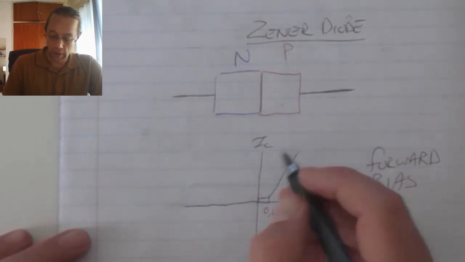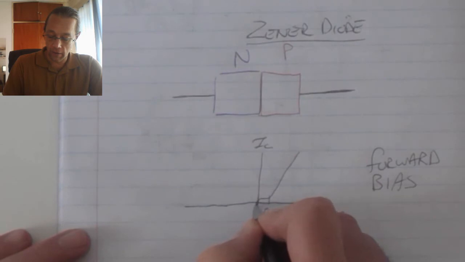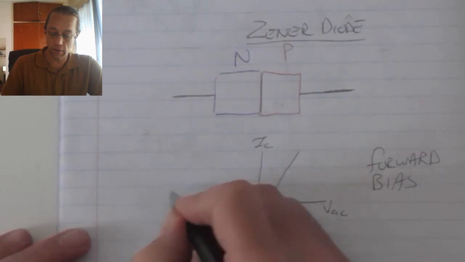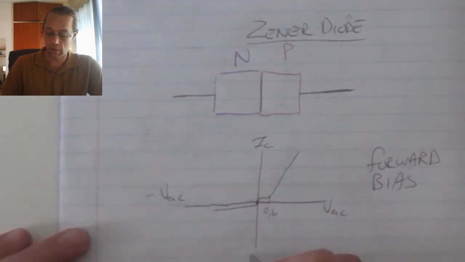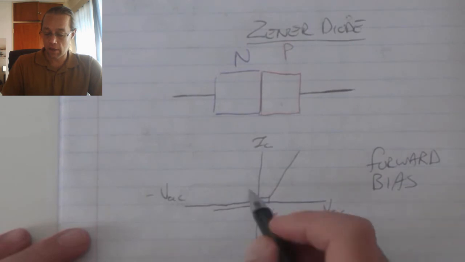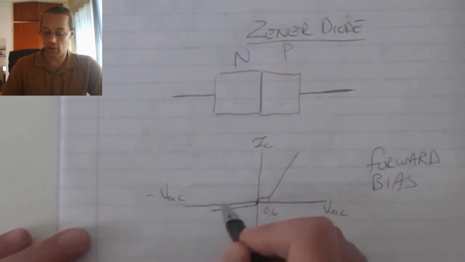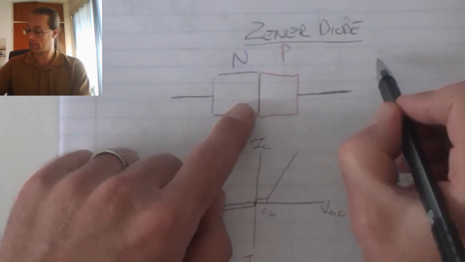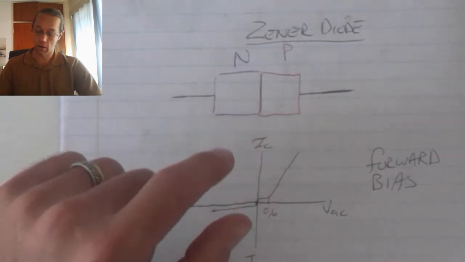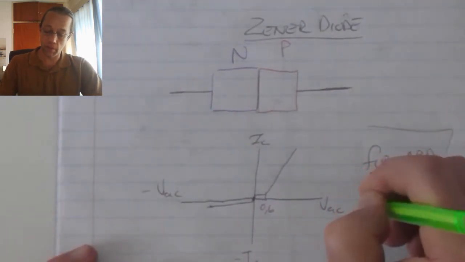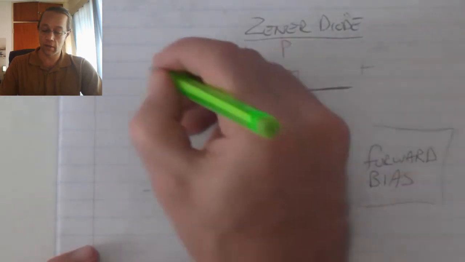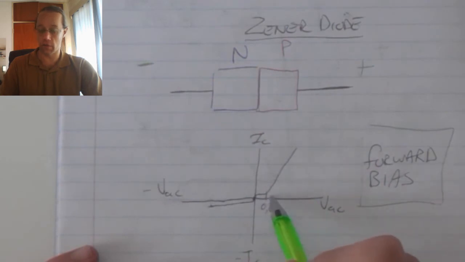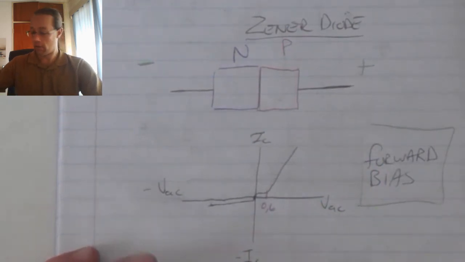In the reverse state, however, we gain again that small leakage current, however, once it reaches a certain level, remember, forward biased says we've got positive on the P, negative on the N, depletion region will decrease, and that will allow for current to flow once we reach 0.6 volts.